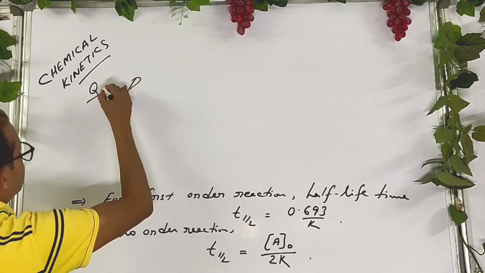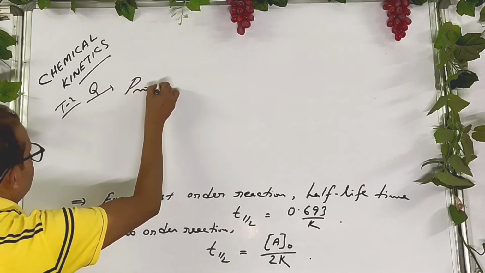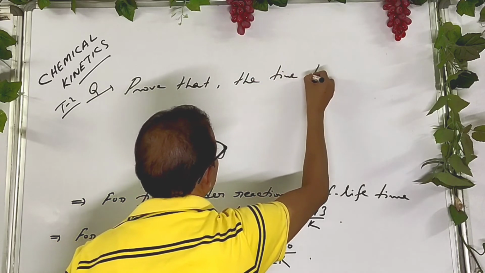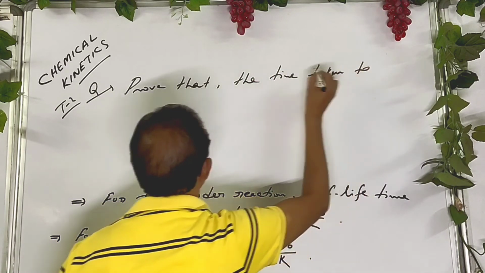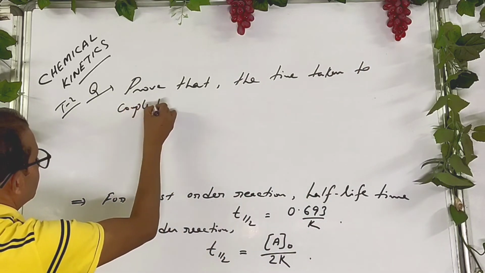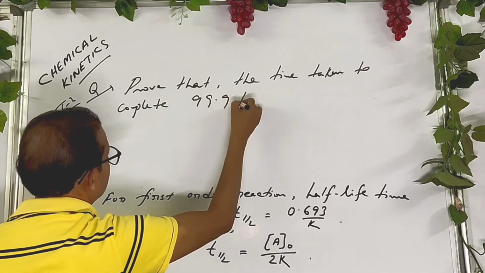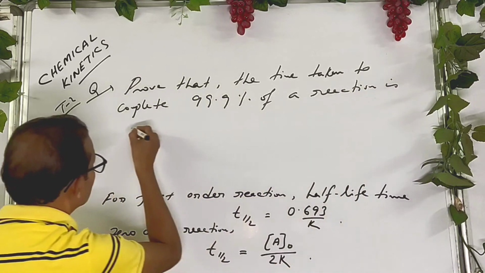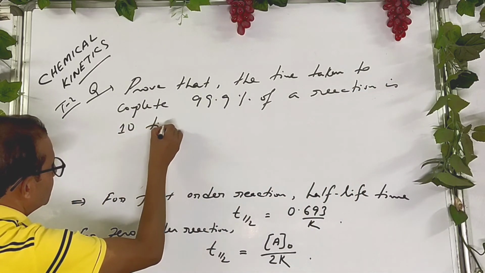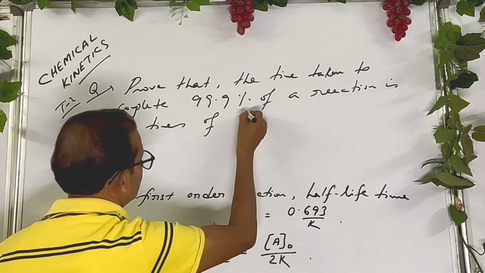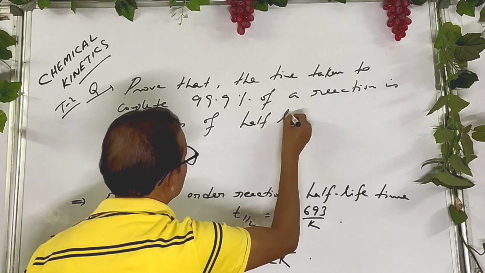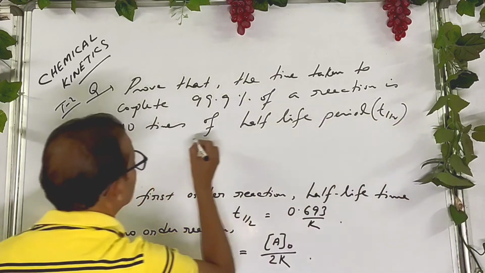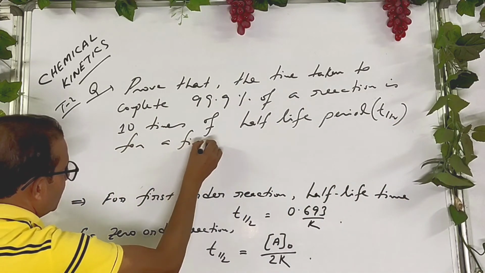Question: prove that the time taken to complete 99.9% of a reaction is 10 times the half-life period, that is T half, for a first order reaction. This is very important for your term 2.